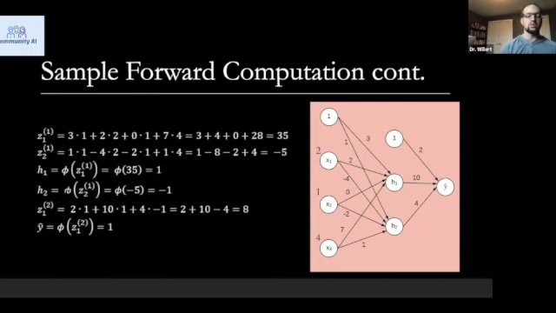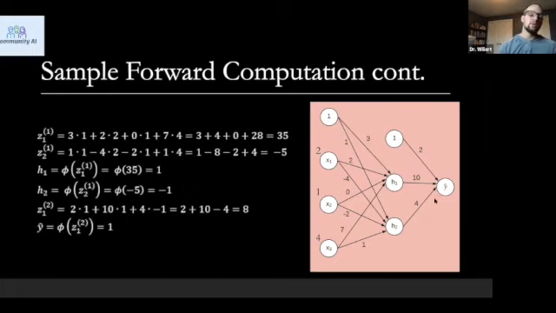H2 is equal to phi of Z21, which is equal to phi of -5. And again, since phi has a negative input, it outputs -1. All right, so we've done all of the computation necessary for getting the values of the first hidden layer.